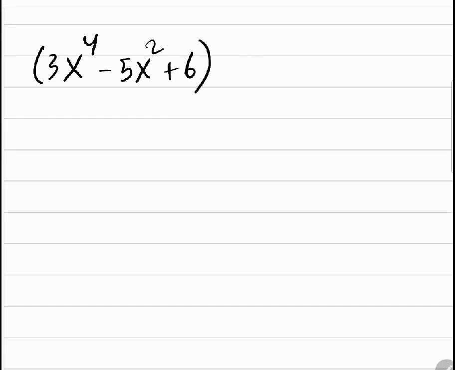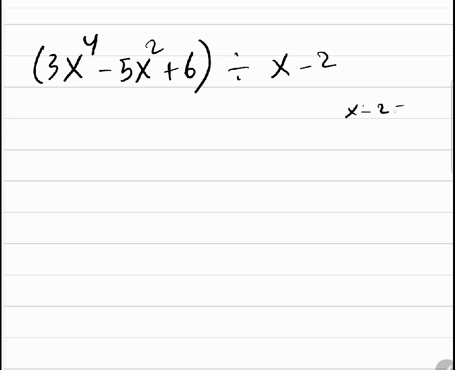Now let's work on one more example. 3x to the fourth minus 5x squared plus 6 divided by x minus 2. It's very similar to the last example, so for the sake of practice, pause the video and try this problem. So let's set x minus 2 equal to 0.